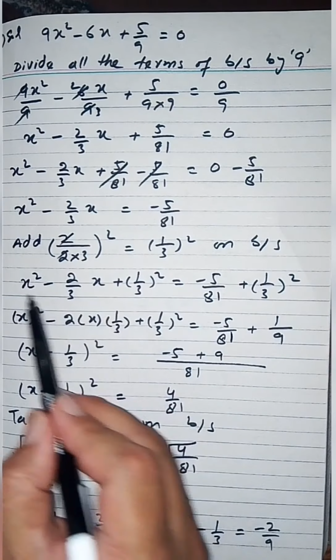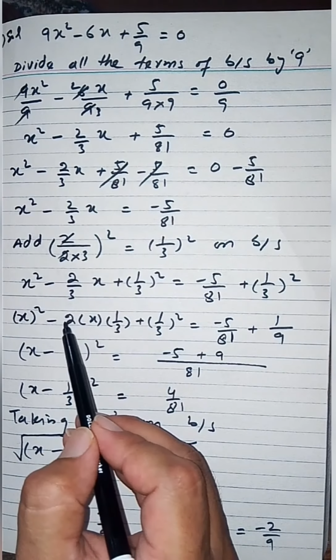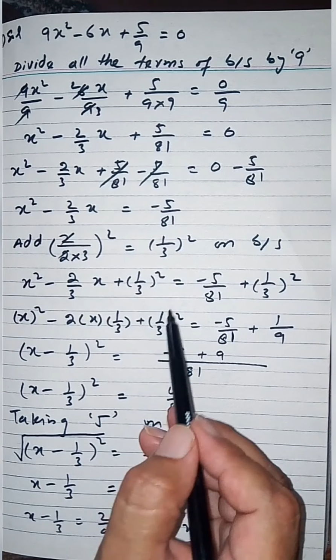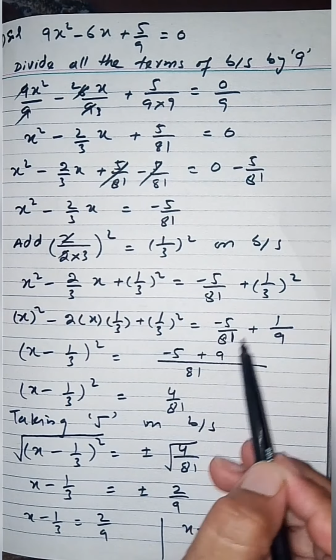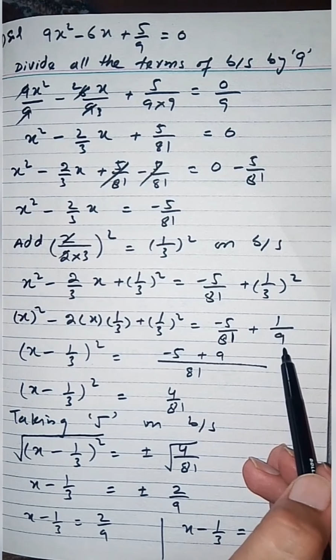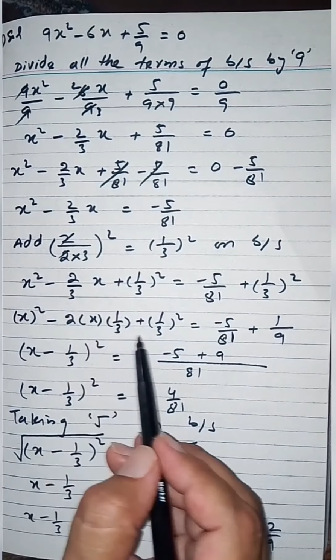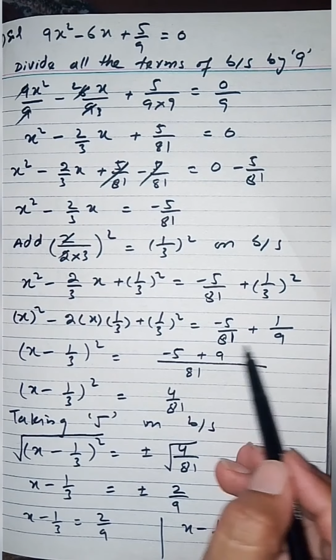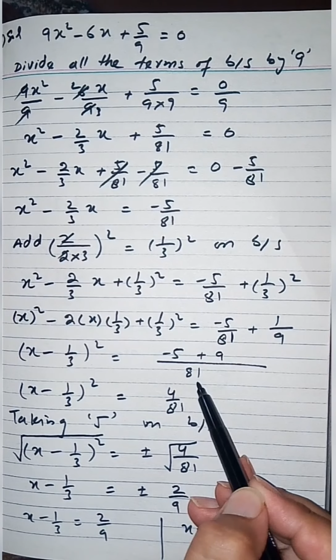Now we can write it x whole square minus 2 into x into 1 by 3 plus 1 by 3 square equals to minus 5 by 81, plus this 1 by 3 squared can be written as 1 by 9. Now we can write this into the square form and take the LCM of these two, which is 81.